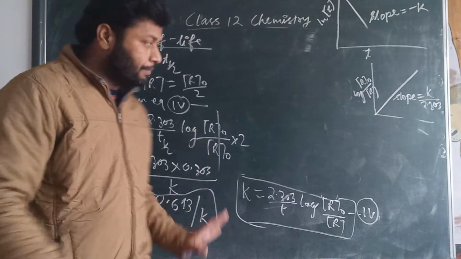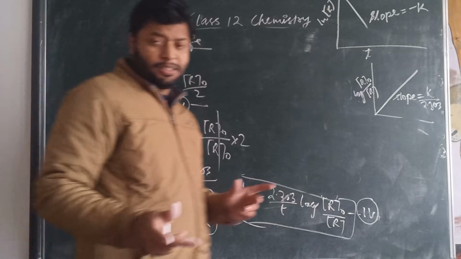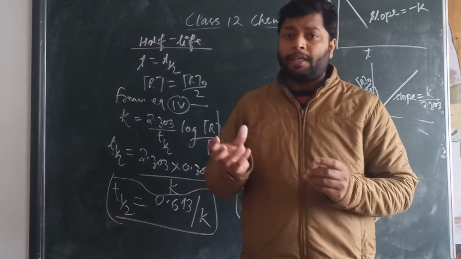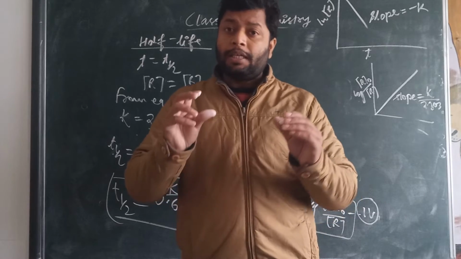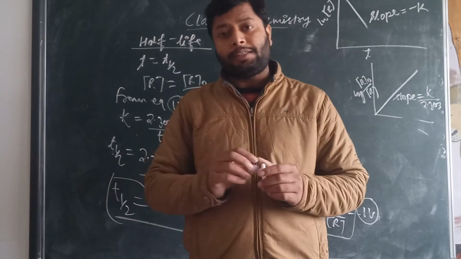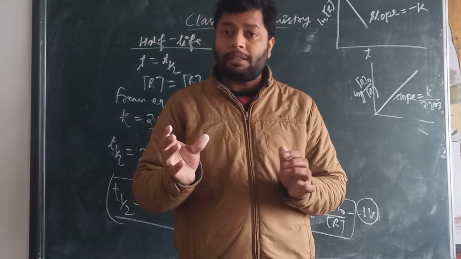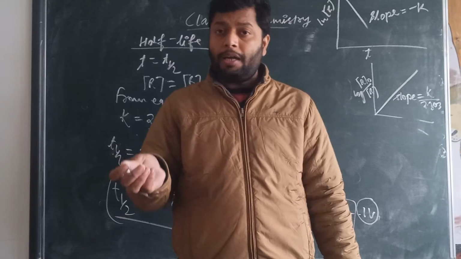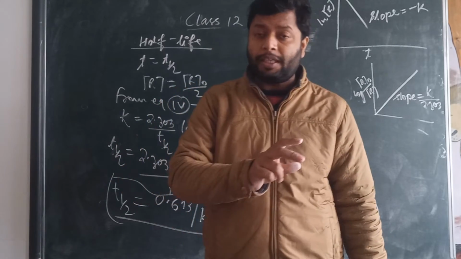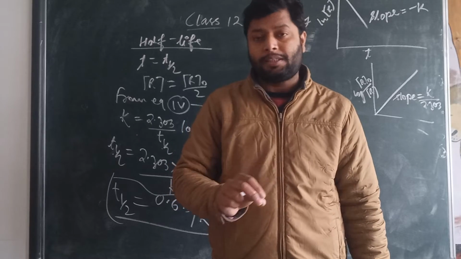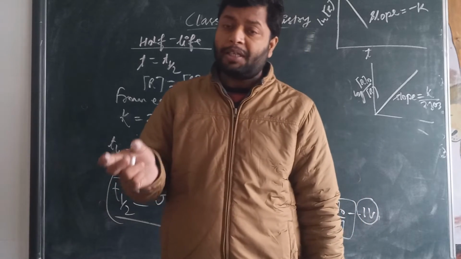Now it is completed. Now the problem is how can we derive the formula for gaseous species? Suppose any of the reactions includes different gaseous species, and instead of concentration, the partial pressure of the reactants and the total pressure are given.